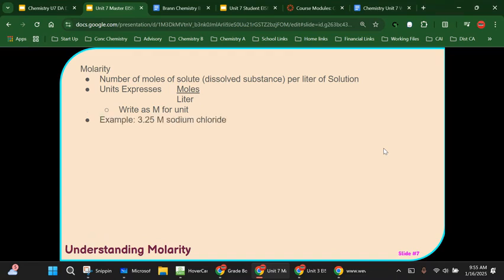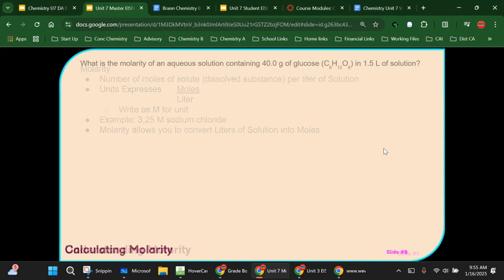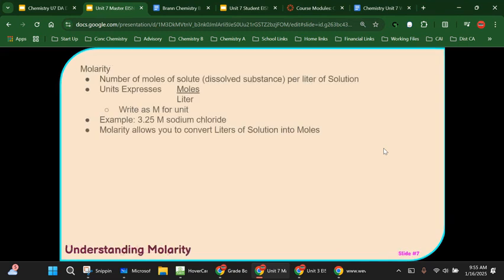So, for example, if you have 3.25 molar sodium chloride, what that means is that there are 3.25 moles of sodium chloride in 1 liter of solution. And molarity allows you to convert liters of solution into moles.